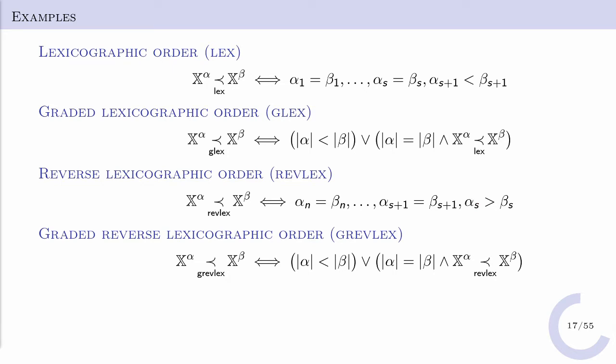So we reverse the direction of the inequality. So x^alpha is smaller than x^beta with respect to the relation REVLEX if in the last place where the two exponents differ, the exponent of x^alpha is greater than the exponent of x^beta.